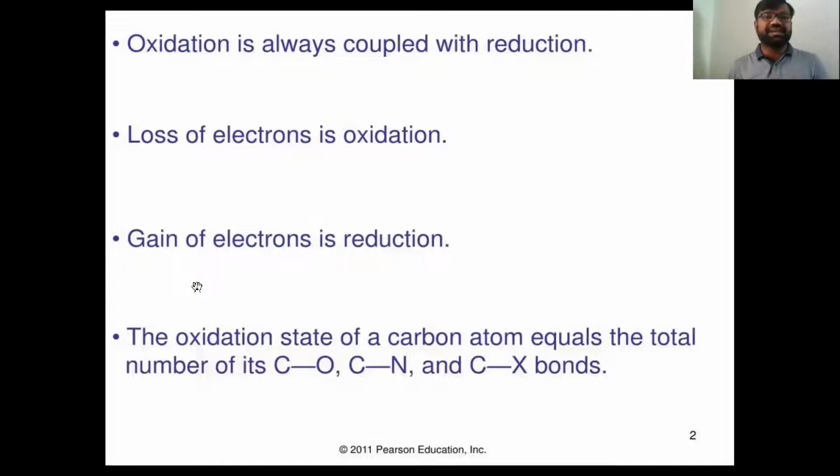There is one more definition, not exactly a definition, but a concept. Increase in oxidation number is termed oxidation, and decrease in oxidation number is termed reduction.